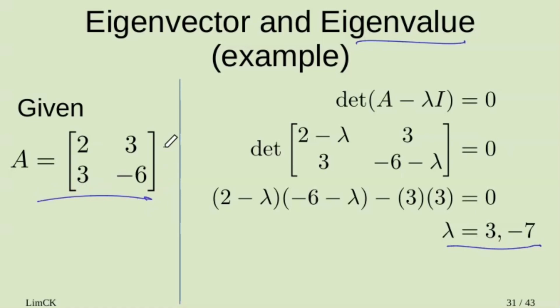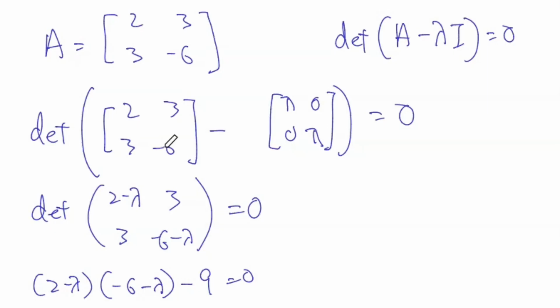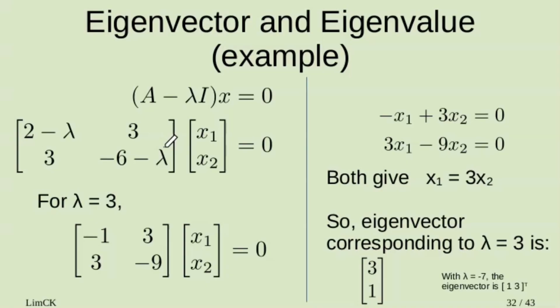With the eigenvalues, we can put them back into A to find the value of x. This is again the characteristic equation. This is A minus lambda, and x is given here as a 2 by 1 matrix, or column vector.